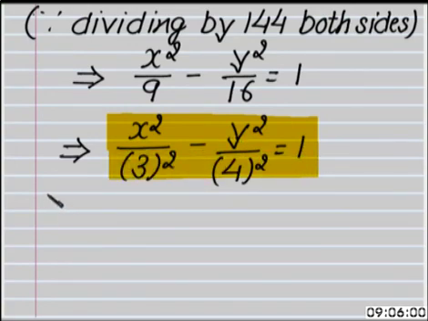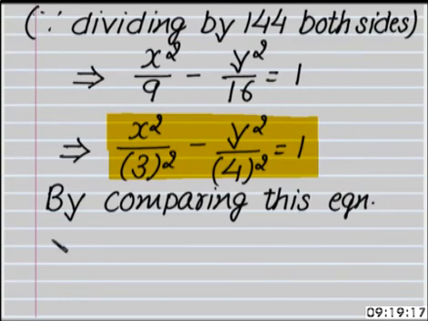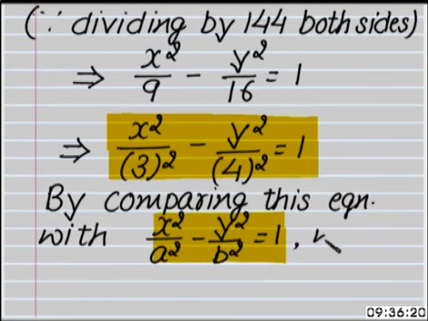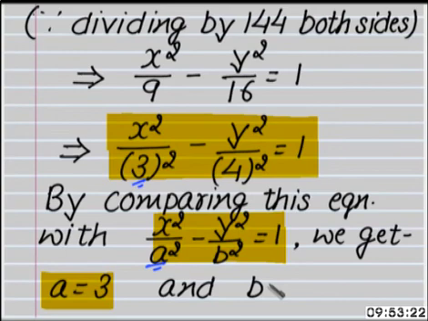Further, by comparing this equation with the standard equation x square upon a square minus y square upon b square equal to 1, we get a is equal to 3 and b is equal to 4.